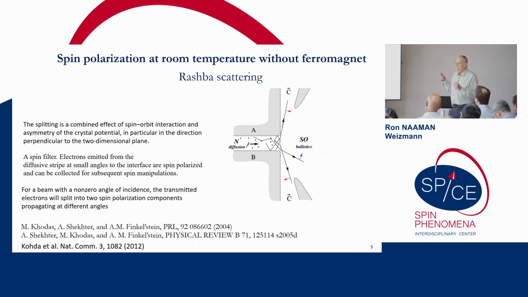The problematic issue in the Rashba effect is that it's based on a band structure theory. So it's very difficult to transform it to something, I would say, macroscopic. But basically, if you follow this line from the Frisbee down to the Rashba, the principles are the same.